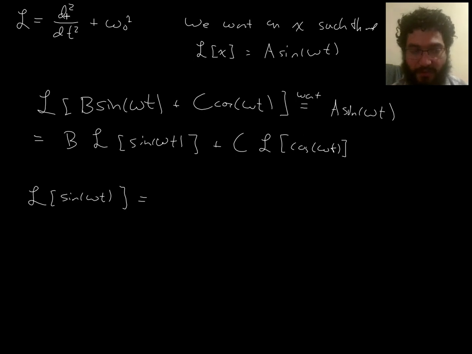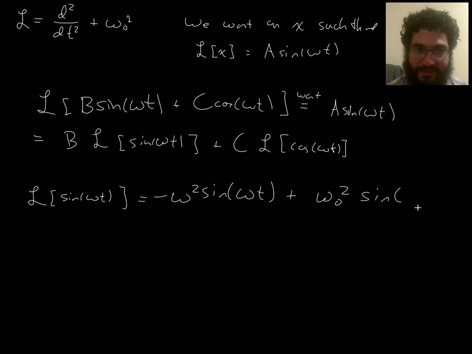So take two derivatives. Two derivatives applied to sine is going to be negative sine. But each time I take a derivative, an omega pops out due to the chain rule. So I'll get negative omega squared sine omega t. Okay, plus now omega naught squared times sine omega t, right?